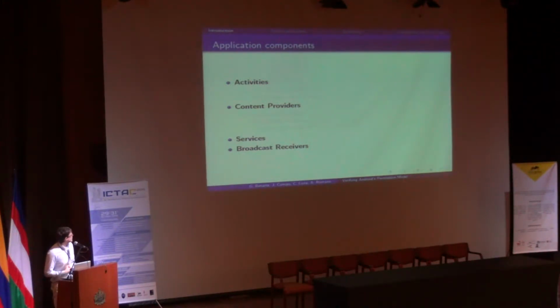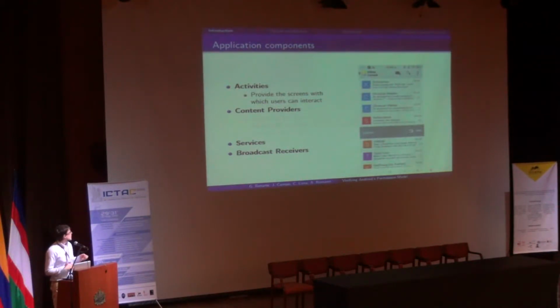The 4 kinds of application components are activities, content providers, services, and broadcast receivers. The activities deal with the user interaction. Each activity specifies a screen that the application will have. For example, the inbox screen of an email manager application.